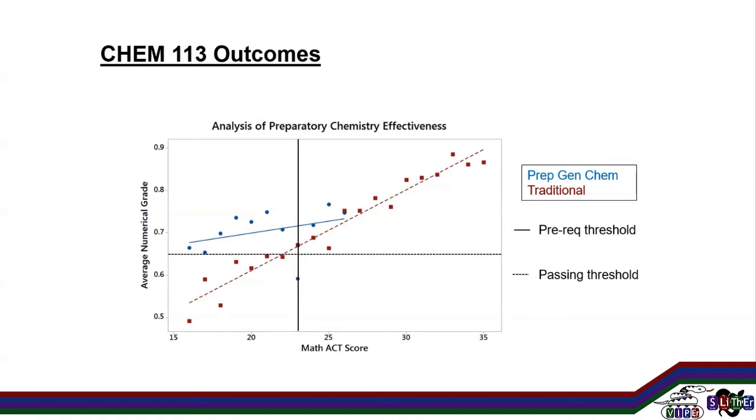So not only did they get through the preparatory general chemistry just fine, they were able to take general chemistry 1 and pass. And to me, that's a huge gap between the traditional students and the prep gen students. I mean, if you look at the lower ACT scores, there's a huge difference in the outcomes for those students.